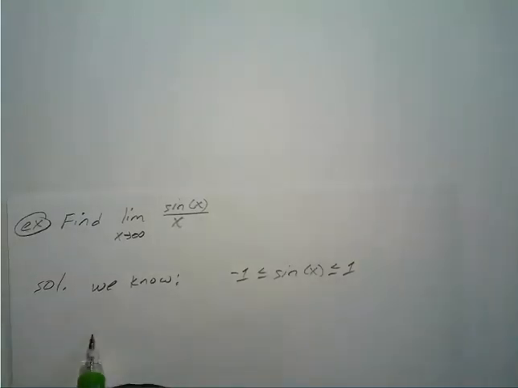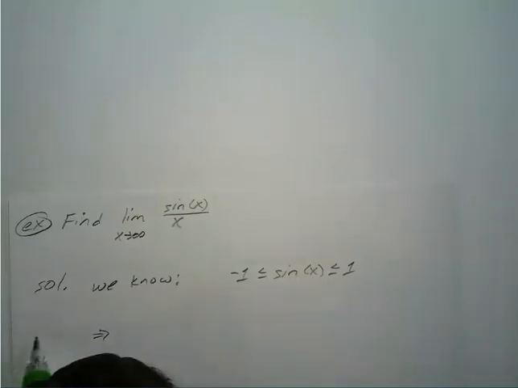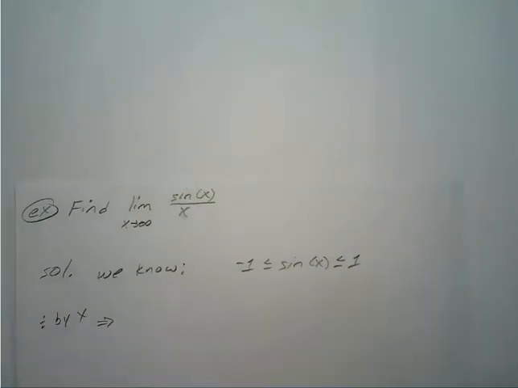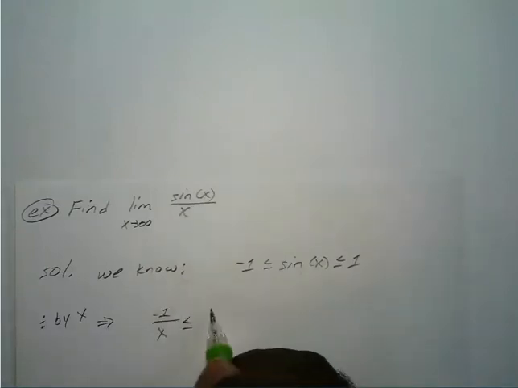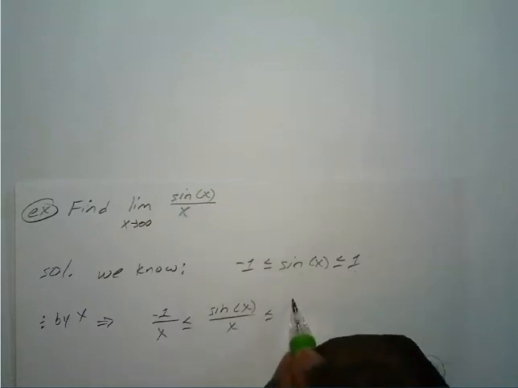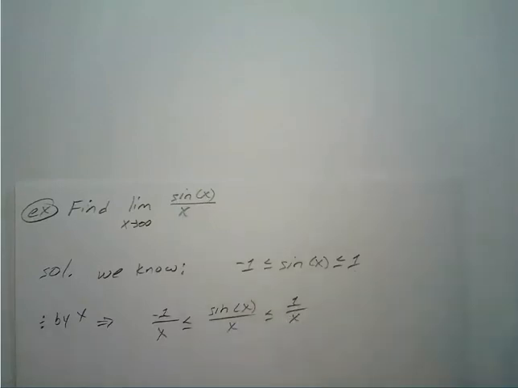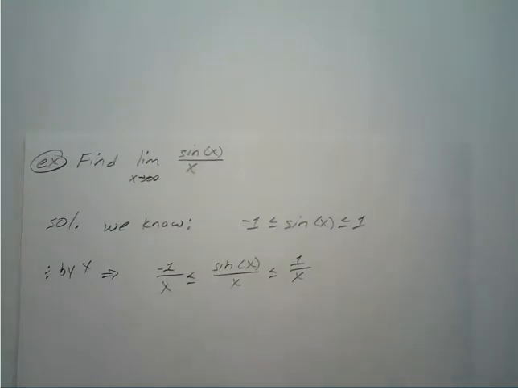Now we divide by x. That gives us -1 over x less than or equal to sine of x over x, which is less than or equal to 1 over x. We do the same thing to each section. Now we apply the limit to each section.